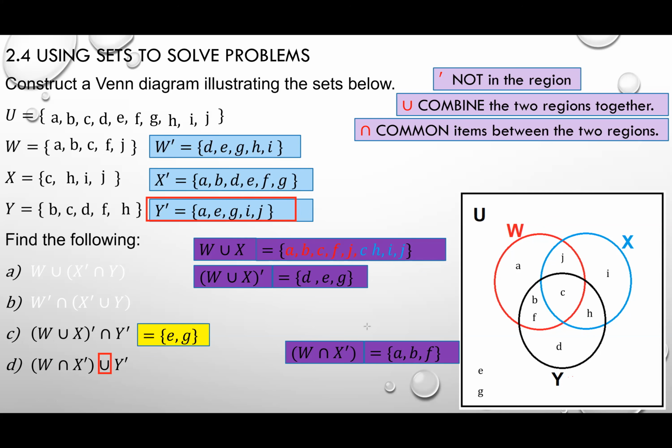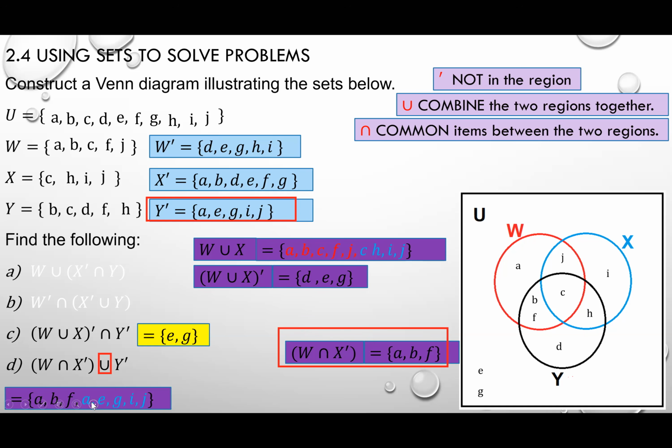So we just found this item. And now they tell you take that item you just found, put it together with Y prime, and to put it together, all you do is combine them. Everybody see that my first item, ABF, is the first group. Combine it with the Y prime, which is AEGIJ. Again, this is all you need to do.